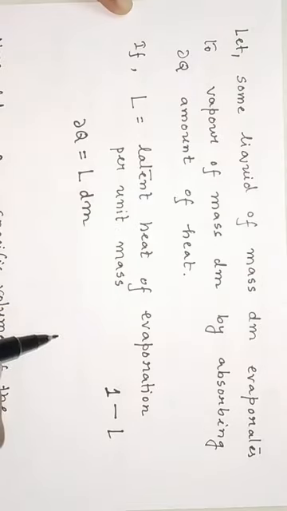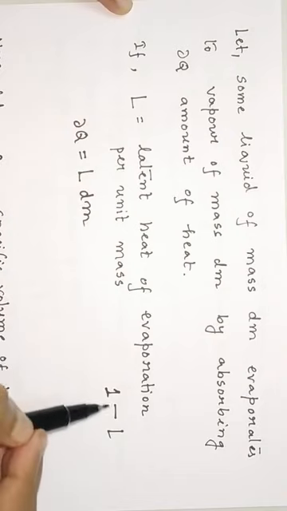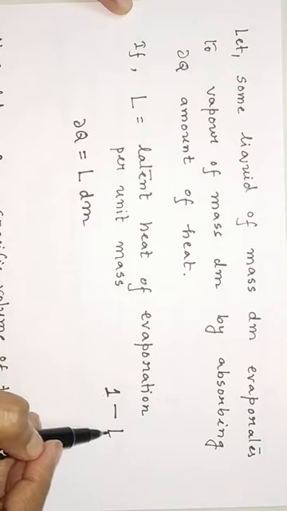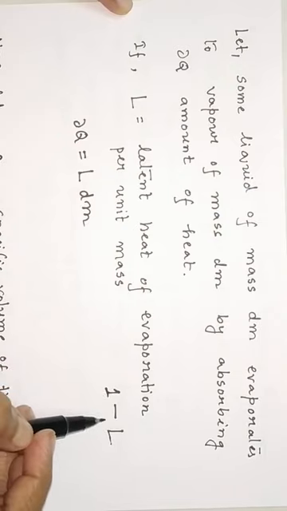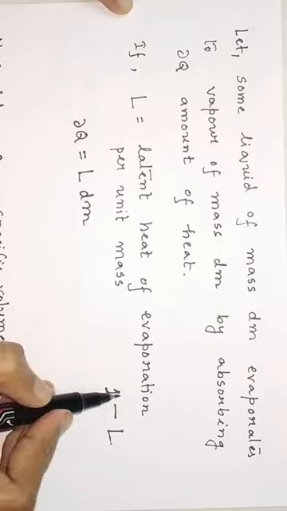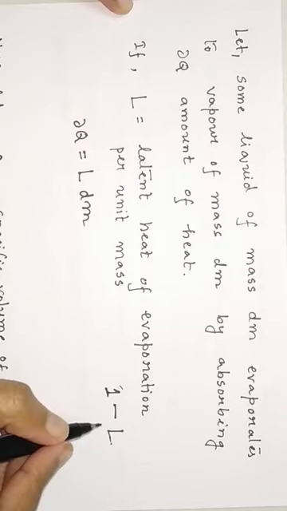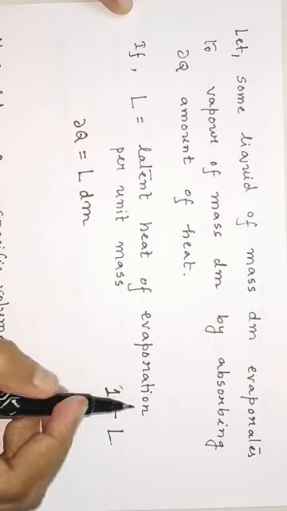So the amount of heat absorbed by unit mass of liquid to convert to vapor is L. And what amount of liquid do we have?